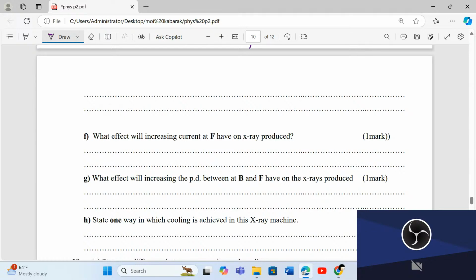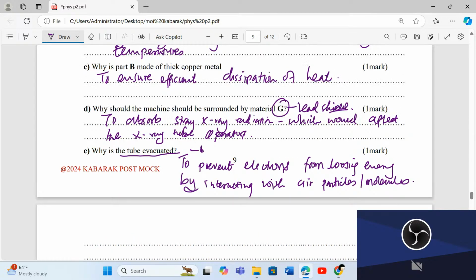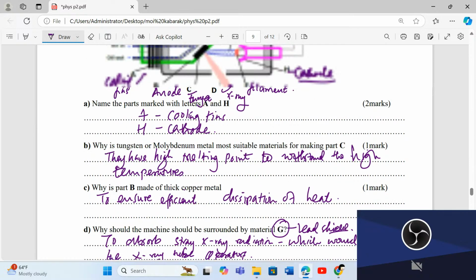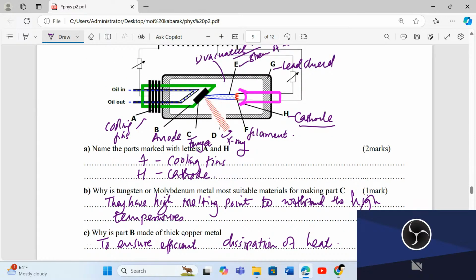What is F? F does affect quantity of the X-rays produced.